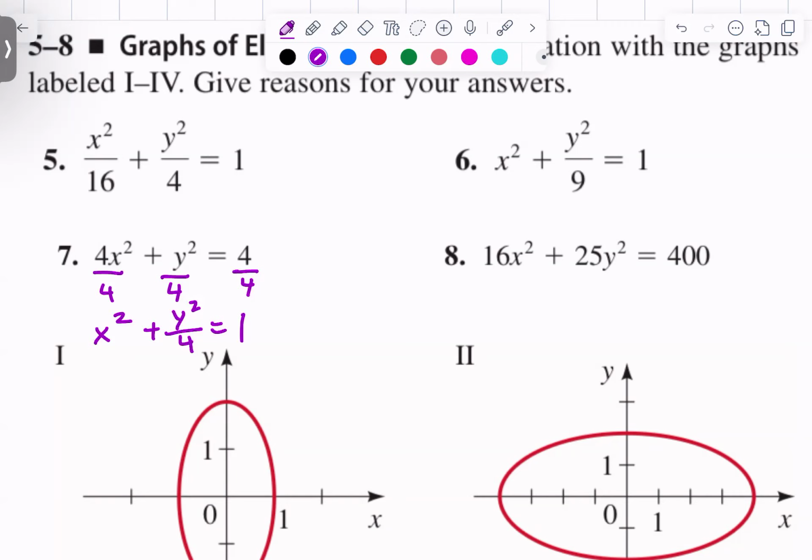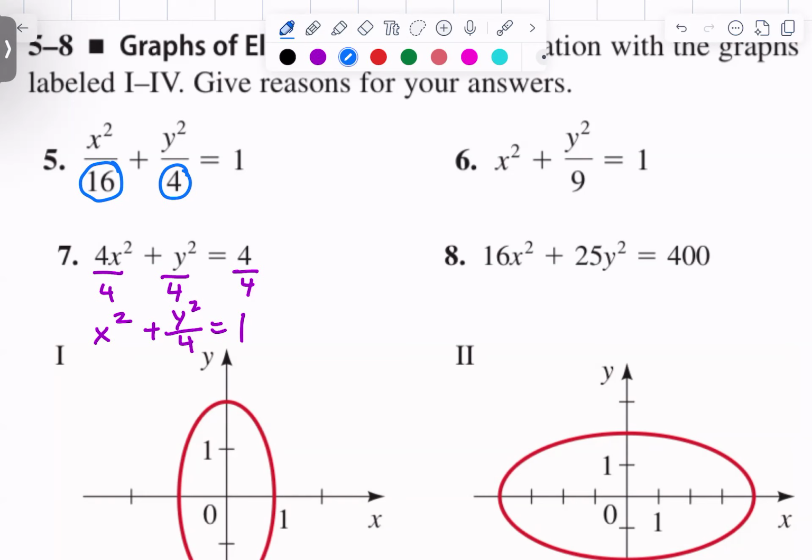But going back to number 5, the denominator of x squared is 16. The denominator of y squared is 4. Since 16 is greater than 4, it's going to be a horizontal ellipse because the x squared has a bigger number as my denominator.